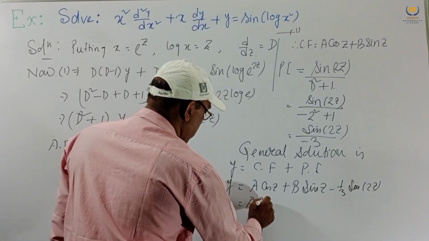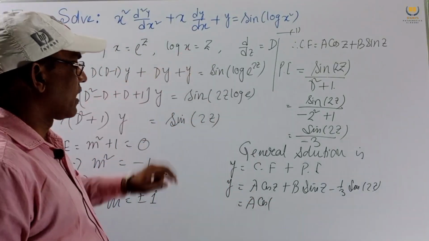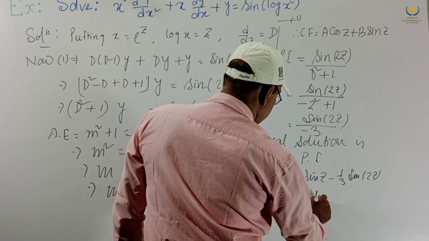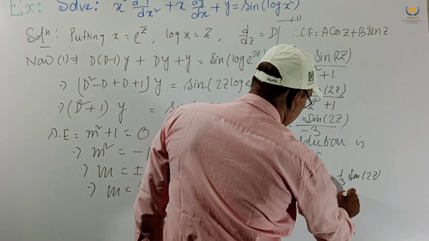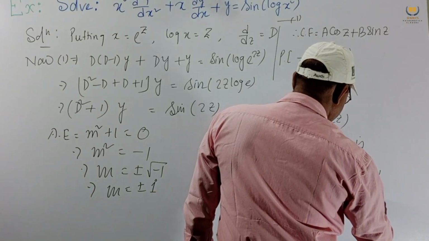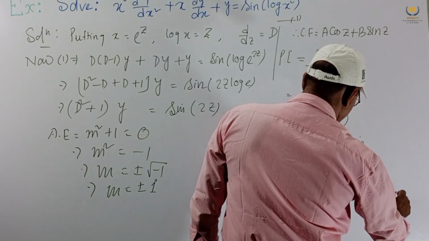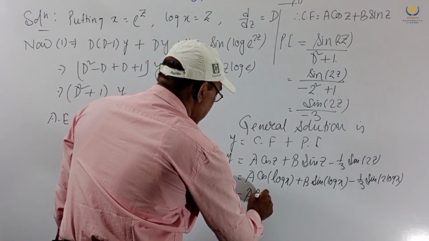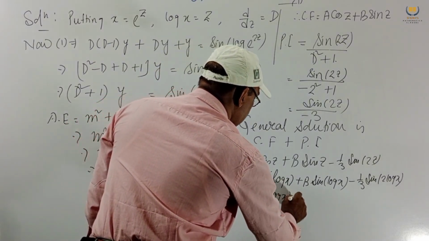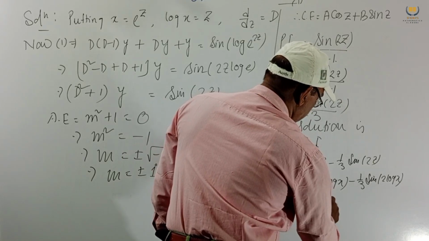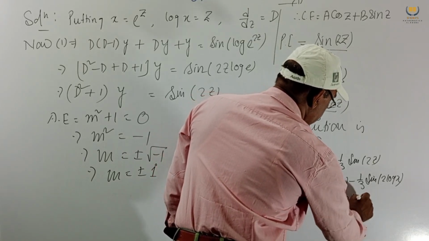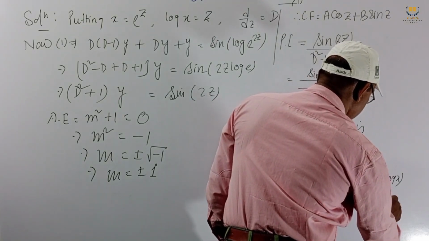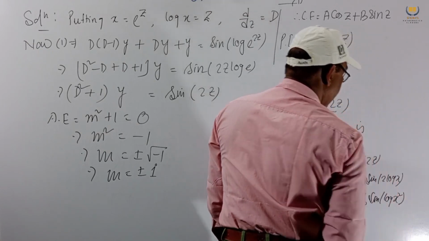So A cos z means A cos log x, B sin of log x, minus 1 by 3 sin 2 log x, or we can write y equal to A cos of log x, B sin of log x, minus 1 by 3 sin log x square.